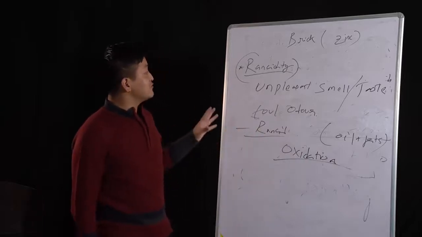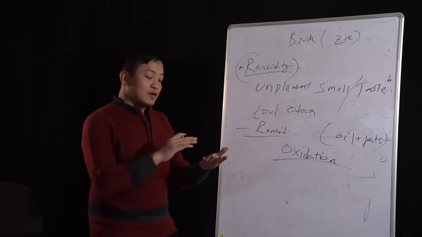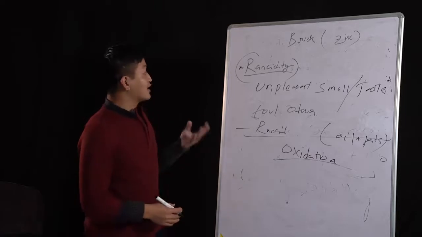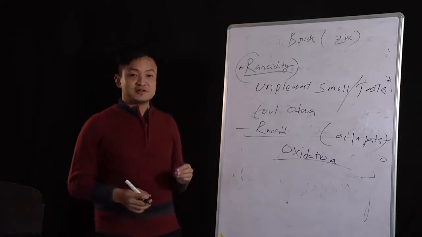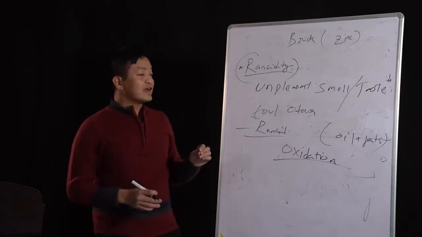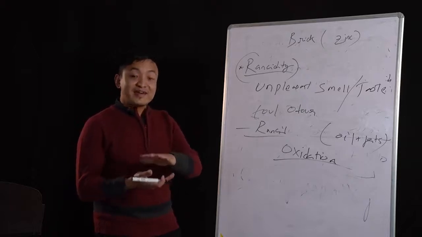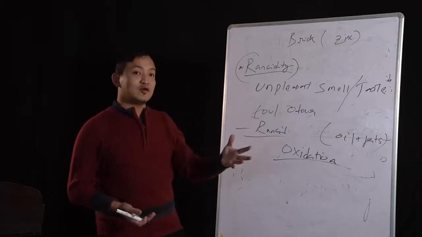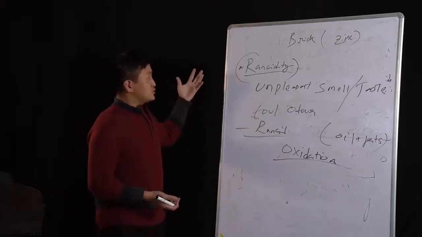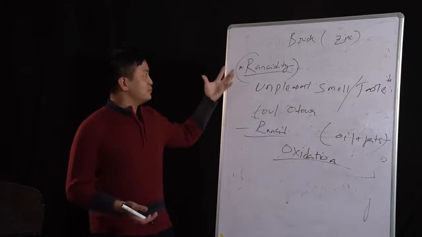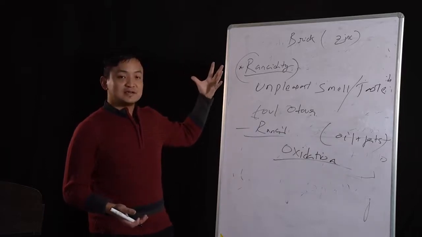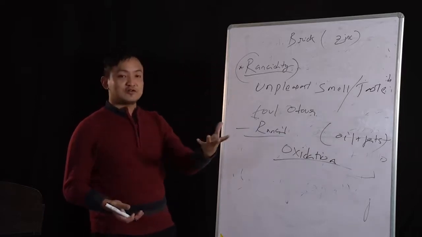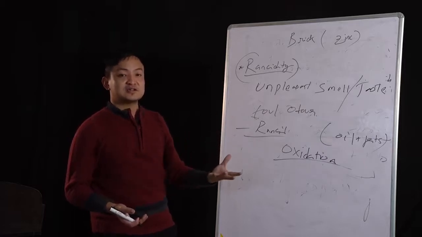So that is the main reason why our food and oil are kept in a refrigerator, or packed in an airtight container. That's the basic reason why we do that at home. So I'm sure you are clear with the concept of rancidity, which means spoilage of food because of oxidation.